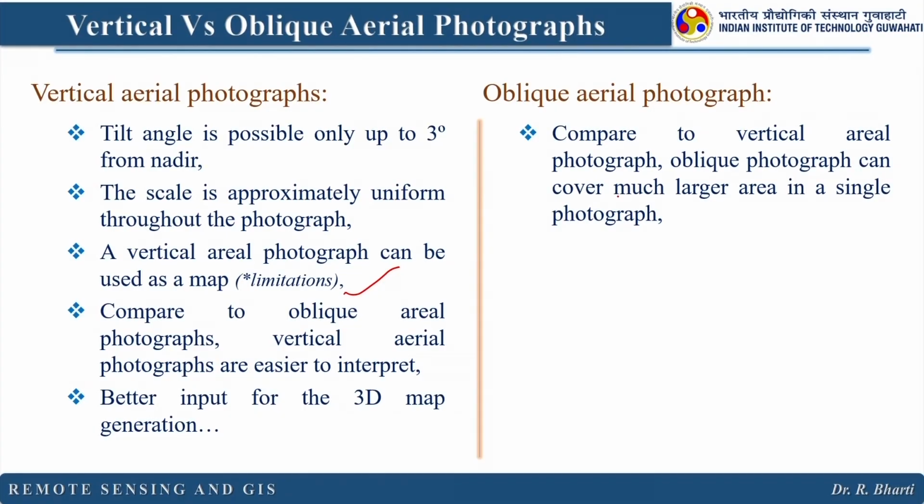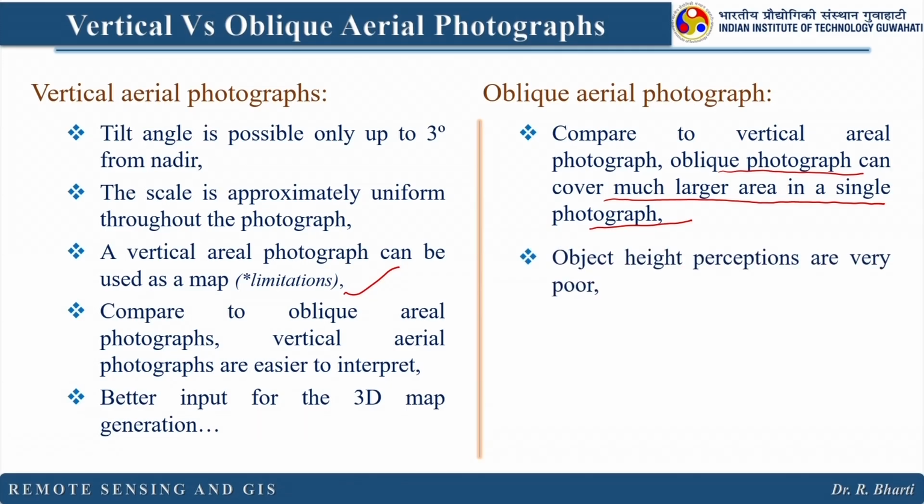But when you go for oblique aerial photographs, the advantages are different and there are certain disadvantages, and you have to decide what kind of photography you want to do. Compared to a vertical aerial photograph, an oblique photograph can cover a much larger area in a single photograph. This is the main advantage.